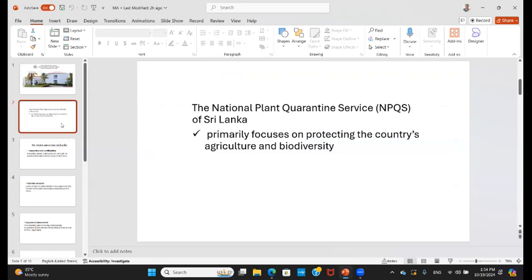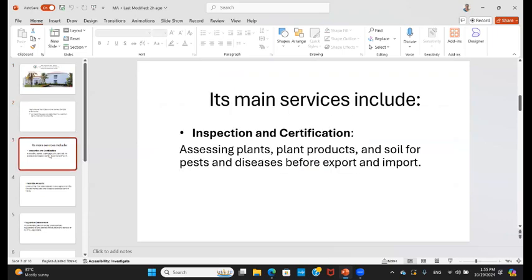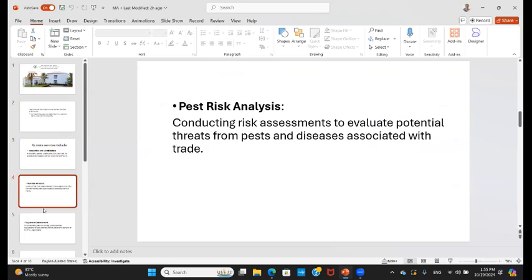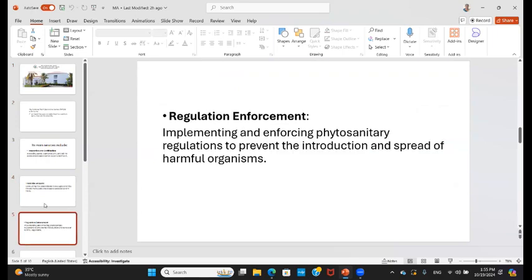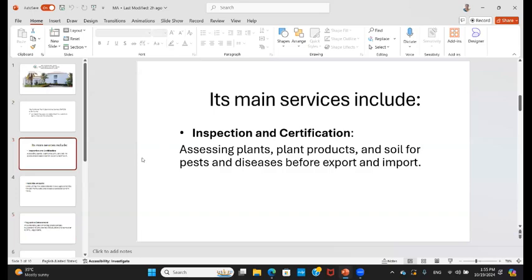The National Plant Quarantine Service, which we call NPQS, primarily focuses on protecting the country's agriculture and biodiversity. Its main services include inspection and certification, pest risk analysis, and regulation enforcement. Especially when you import and export something related to plants or plant parts, we issue a certificate confirming that there are no pests in it.